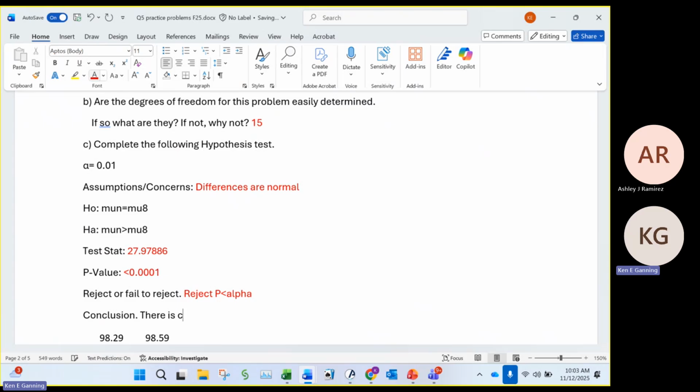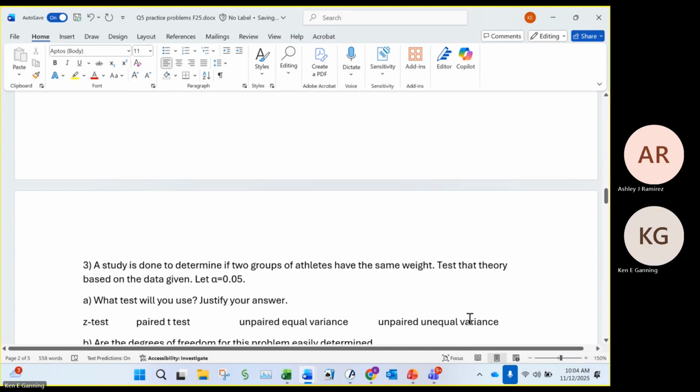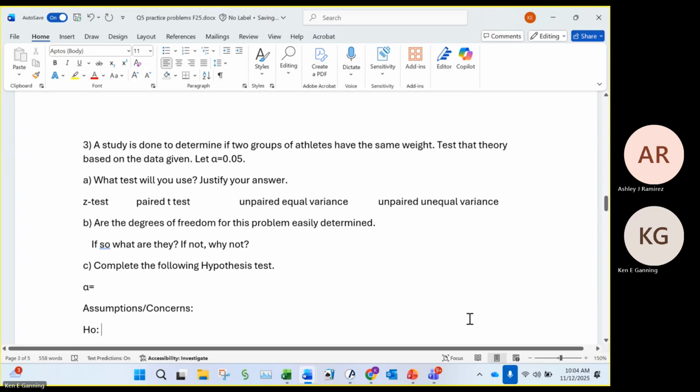There is compelling evidence to believe temperatures increase between 8 a.m. and noon.